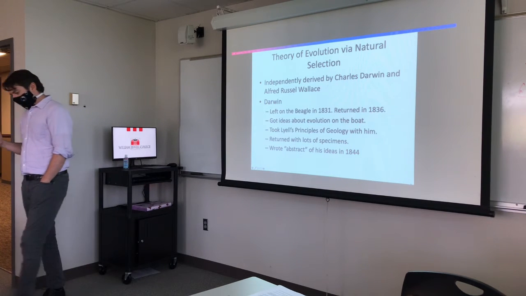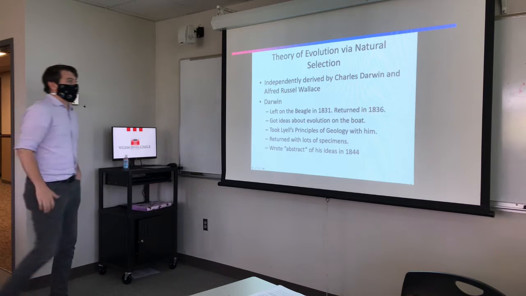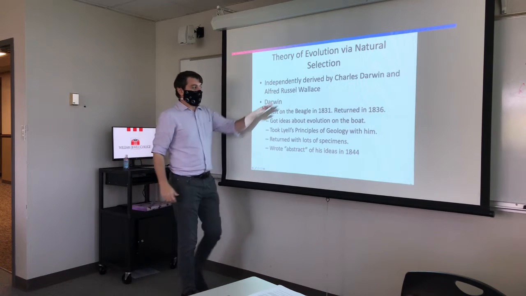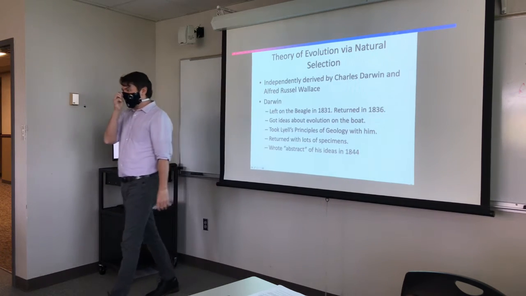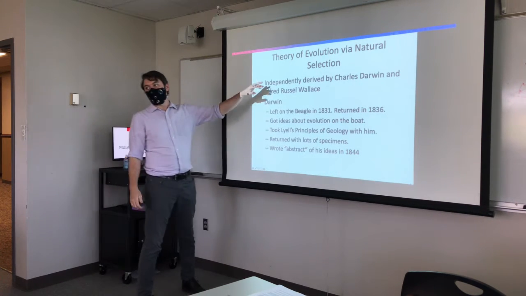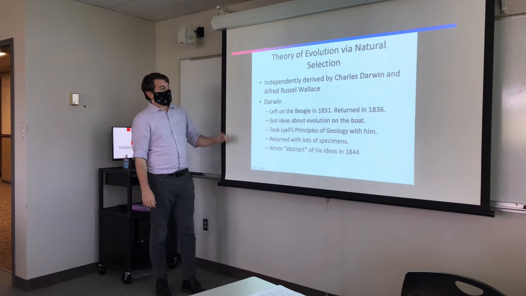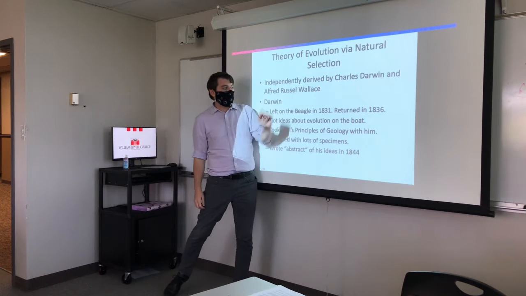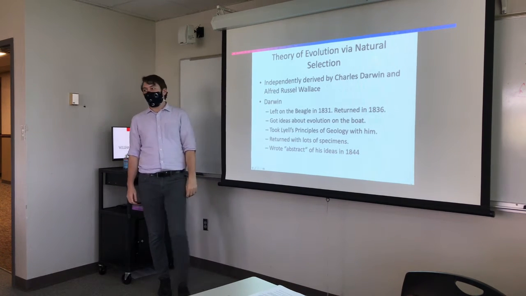If you look it up online, people always say, oh, everyone forgets about Wallace. But I think in the last 10 years or so, as a biological community, we've done a really good job of remembering Wallace's contribution. So it's good to think about it as independently derived by Charles Darwin and Alfred Russel Wallace. They weren't strangers to each other, but they weren't exactly working closely together either.